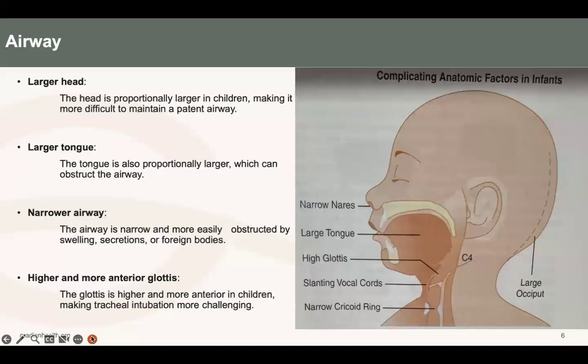Anatomically, the first part of the trachea, the larynx, the glottis are different from adults, so it's positioned higher and it's more anterior. And when it comes to instrumentation, when you want to visualize it for intubation, it makes it a bit difficult.